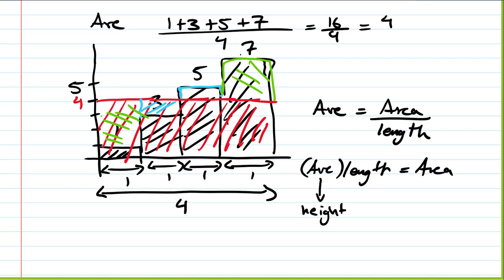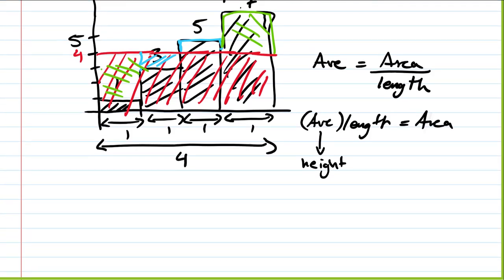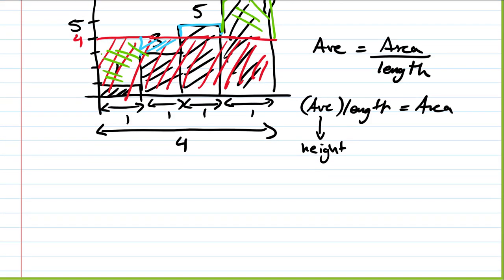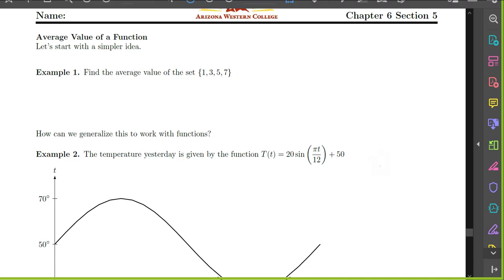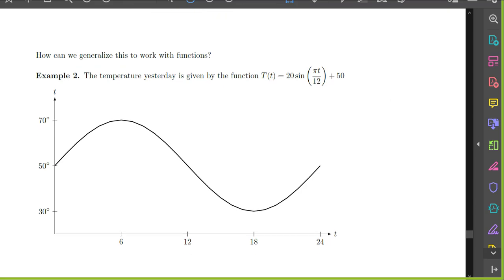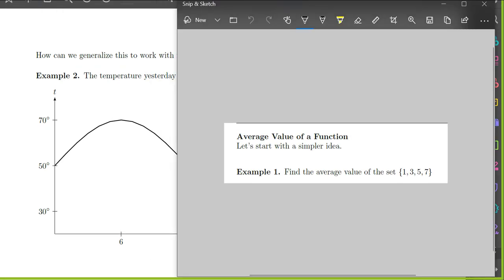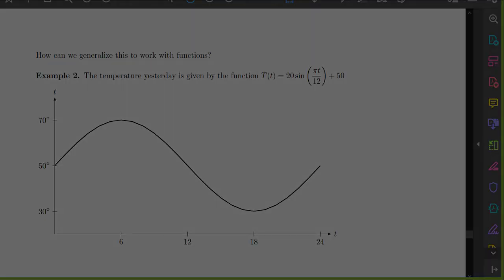This is going to be the basic idea, and we're going to build that up using the idea of Riemann sums to come up with our average value for a function. So our question is, how can we generalize this to work with functions?